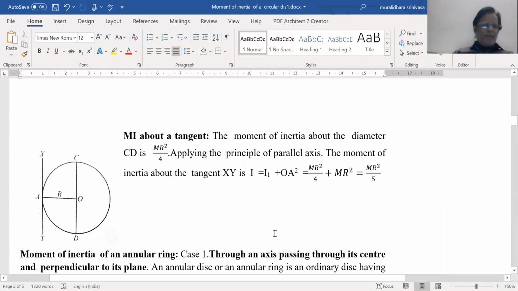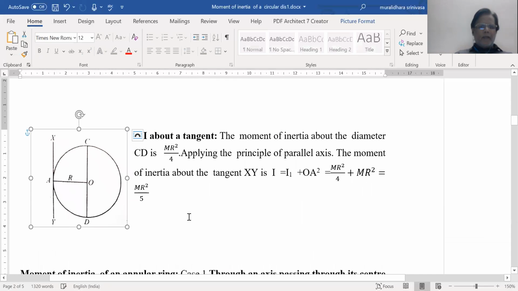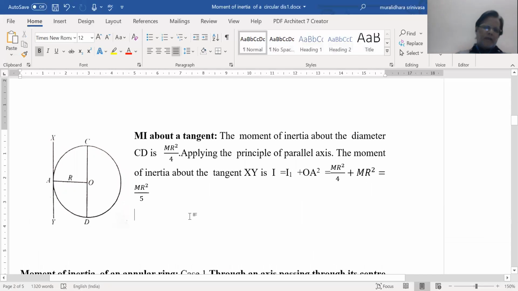As soon as you see the figure, it tells you that you have to consider the parallel axis theorem here. So if the moment of inertia about the diameter CD is mr squared by 4, and applying the principle of the parallel axis, the moment of inertia about the tangent xy, if it is called I, is I1 plus m times OA squared.